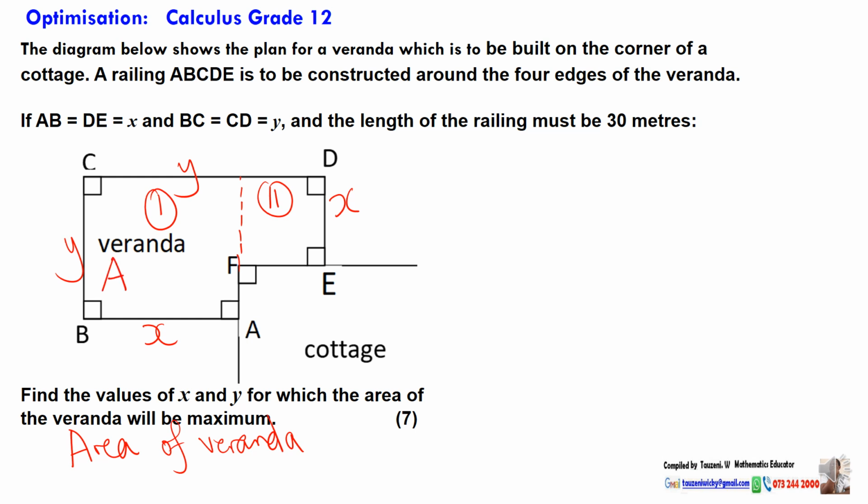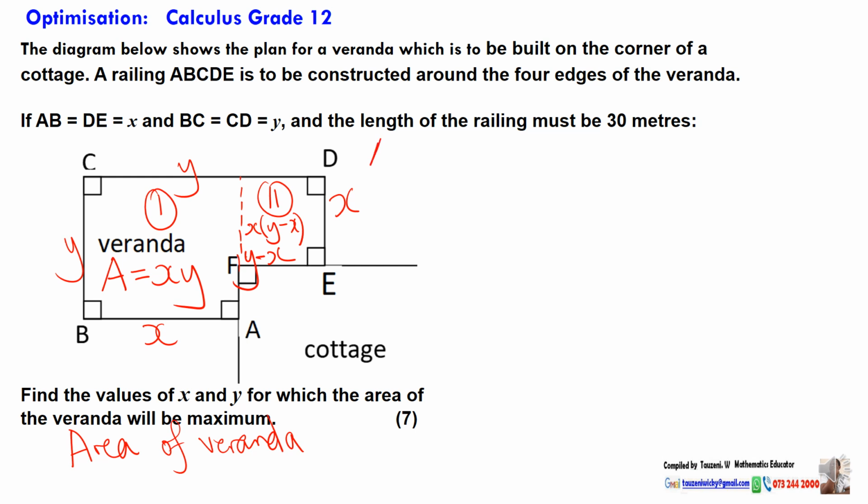The area of this first part: the area of a rectangle is length times breadth, so that's xy. Then for this other part that I've labeled here, the line from F to E, given that the line CD is equal to y and BA is equal to x, it means FE must be y minus x, which therefore means the area of this part is going to be x multiplied by (y minus x).